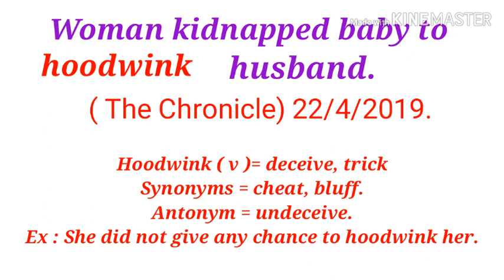And in this sentence, a woman kidnaps a baby to hoodwink her husband. That means to cheat her husband, she kidnaps the baby. Okay, have you understood it? Its synonyms are cheat, bluff, and its antonyms are undeceive.